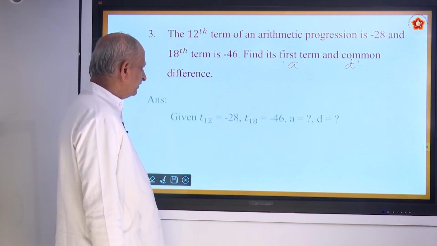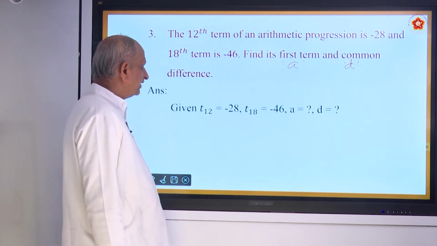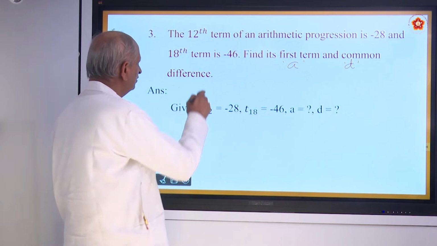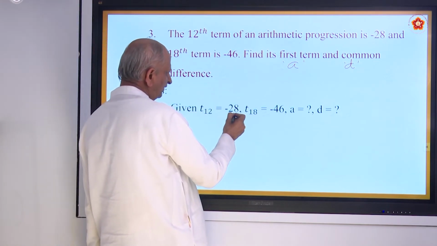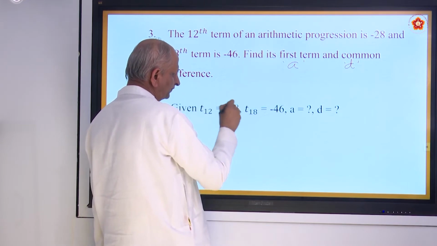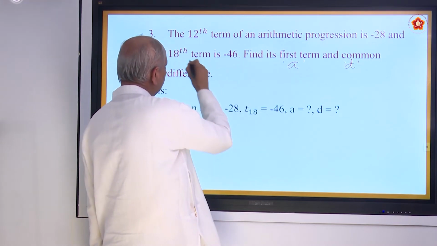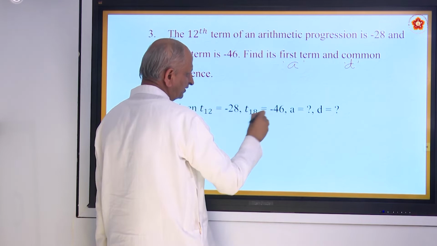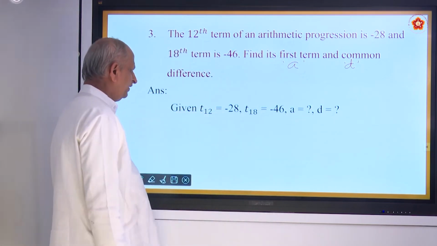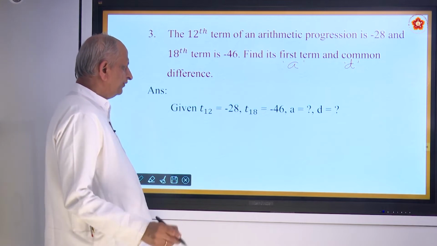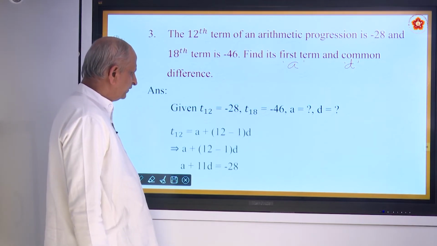Now let us form the equation. First let us write what is given. So the 12th term means T12 is given as minus 28 and T18 is given. The 18th term is minus 46. They are asking A and D. Two unknowns are there. So we will use the formula to find the equations.